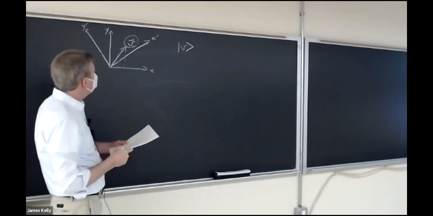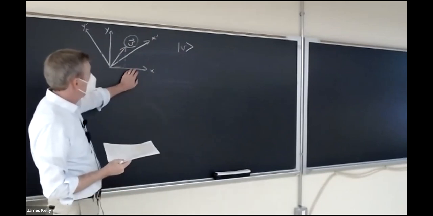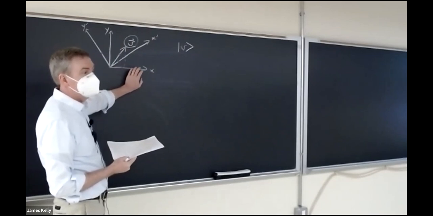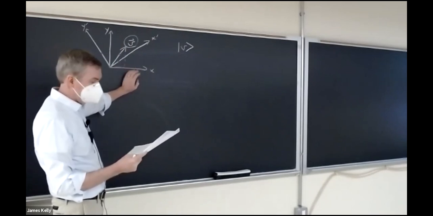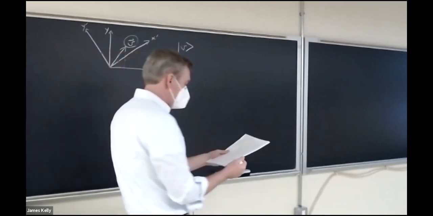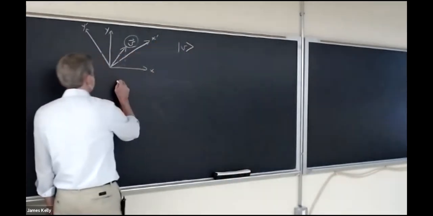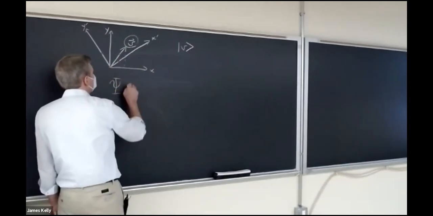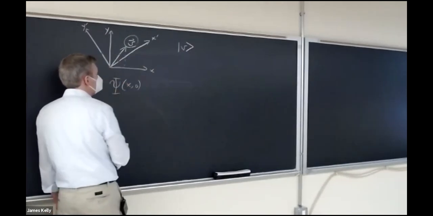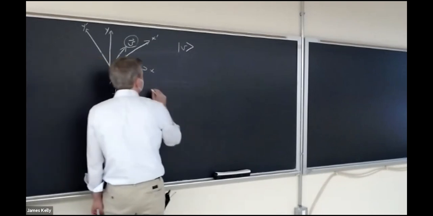And those coefficients that go in front of that expansion are what we call the components of that vector. So we're going to think of it the same way, components in a particular basis.